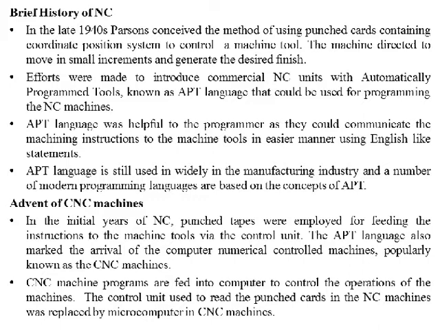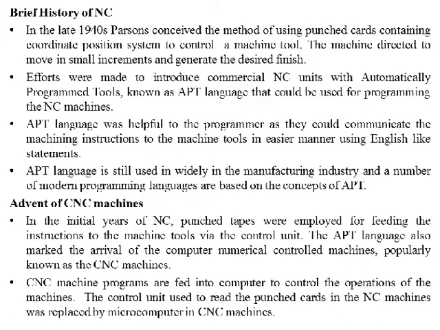This APT language makes use of English-like statements. With the help of APT language, the programmer could write programs in an English manner, which is very easy for communicating machining instructions to the machine tools.